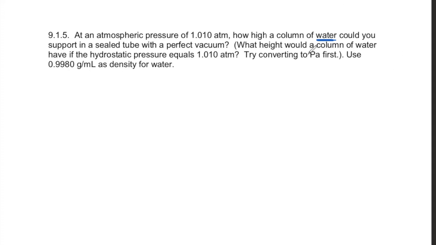Let's see how high the column of water would be. So we're going to relate the height of the column to the pressure, that 1.01 atmospheric pressure, with this relationship. Let's go ahead and solve for the height. So we're going to need the pressure, and we're going to need the density and the acceleration due to gravity. Let's see if we can get these in units that are going to cancel.